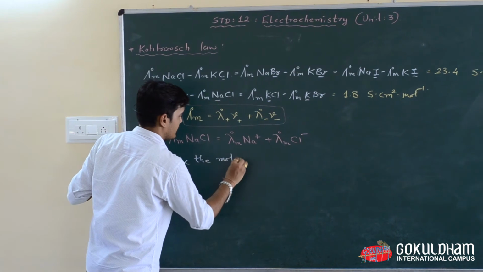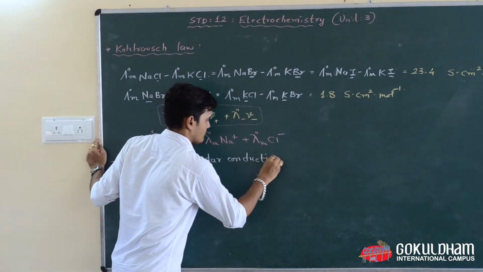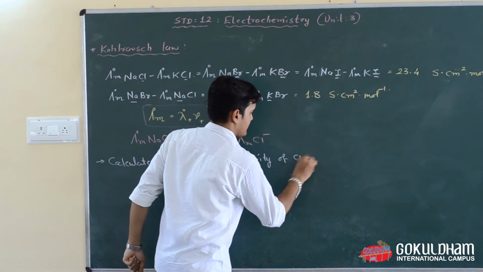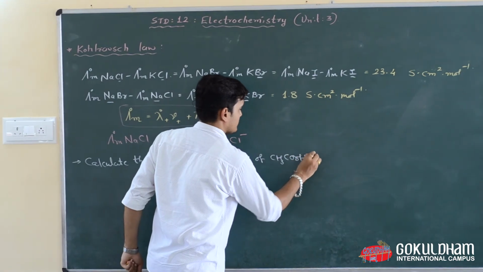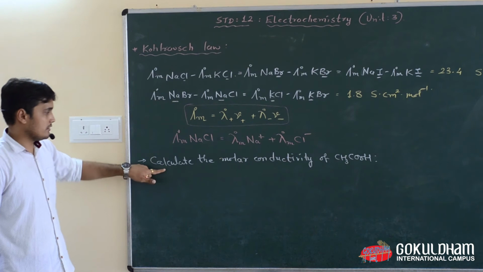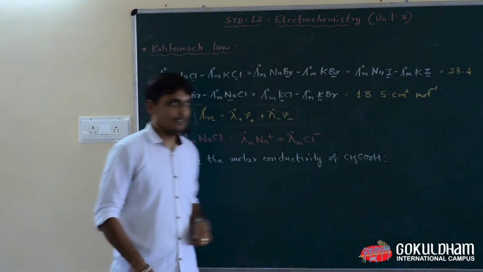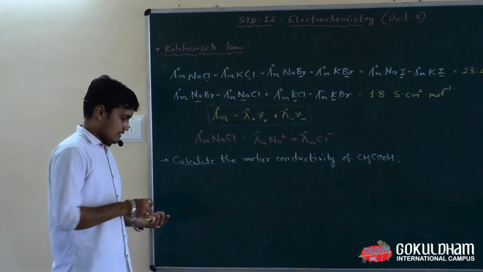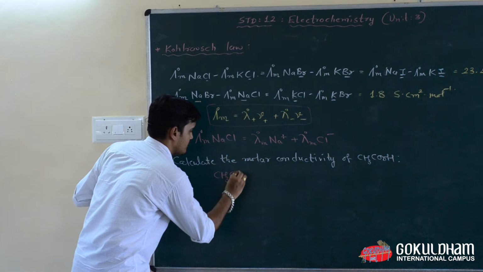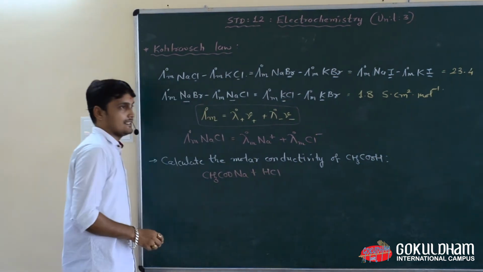Okay. Now if you are asked to calculate the molar conductivity of CH3COOH, this is one type of short example, and you can make this acetic acid from two reagents. The first reagent is sodium acetate and the other reagent is HCl.